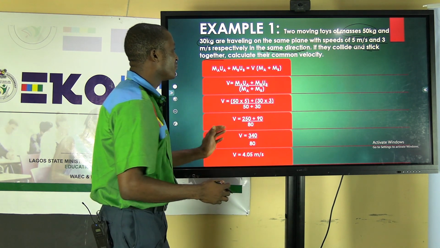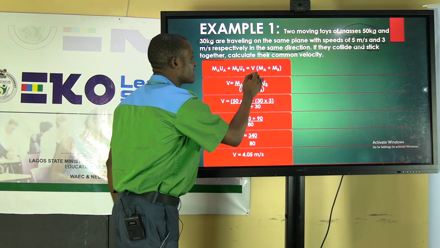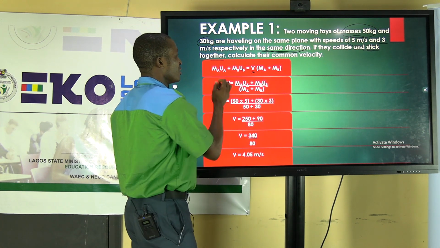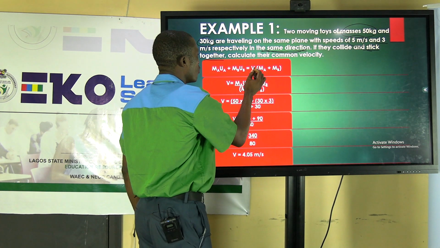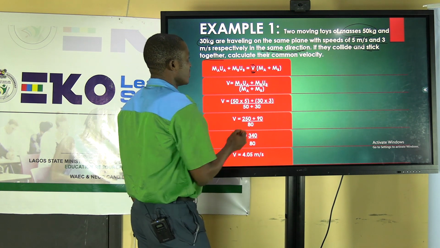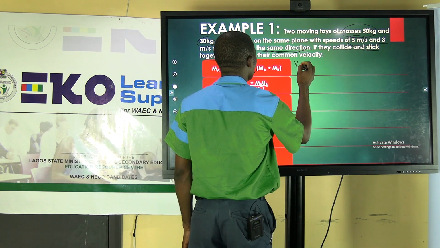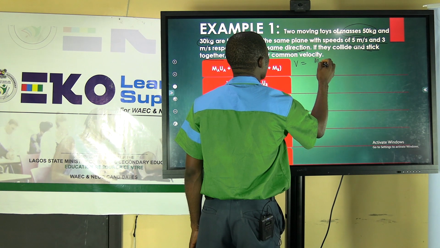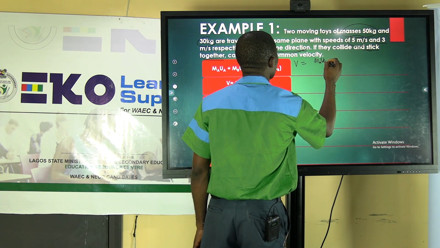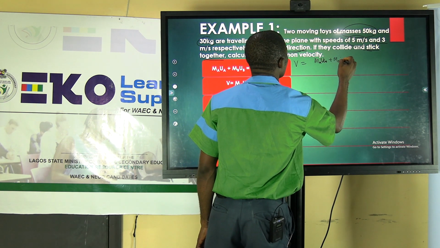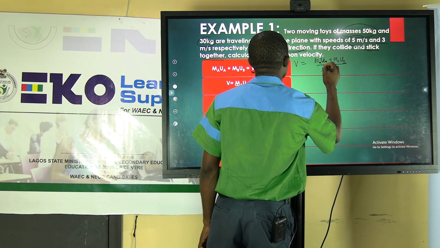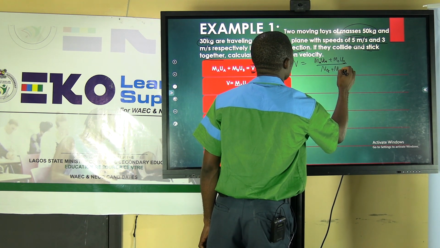If they are sticking together, it means the final velocity will be the same for the two of them. So in this case, we want to make v the subject of the formula first. So from here, you say v equals (MA UA plus MB UB) over (MA plus MB).